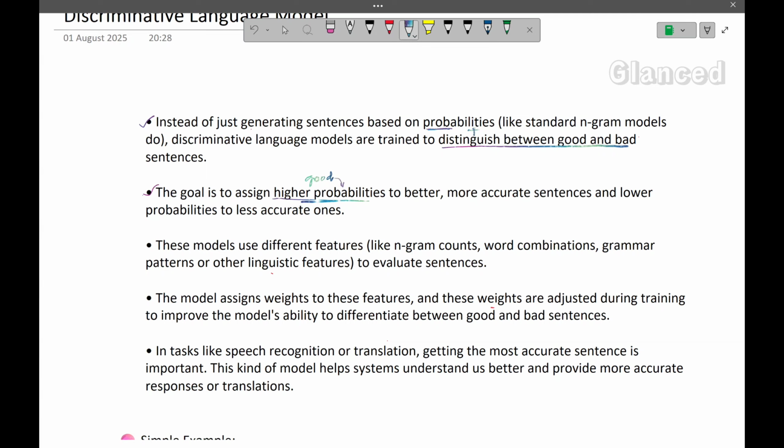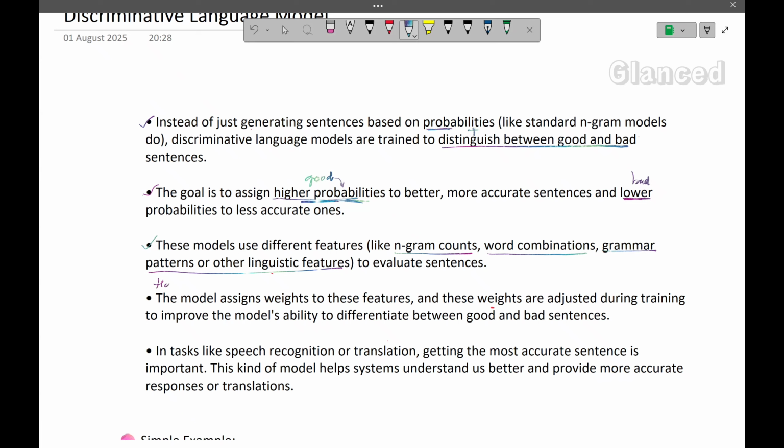A bad sentence is given lower probability. These probabilities are given based on different features. What are those features? Those features are n-gram counts, word combinations, grammar patterns, and other linguistic features. Based on these features only, this language model is going to evaluate the sentences.